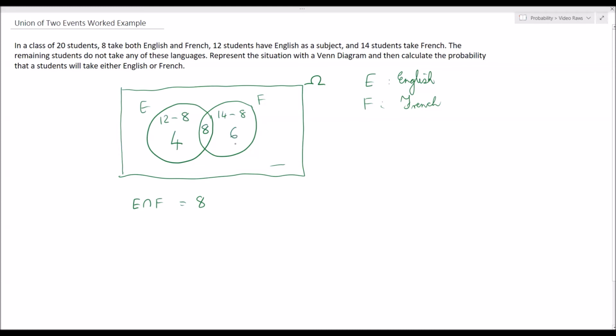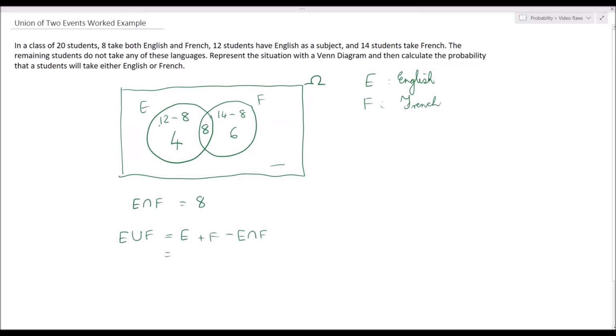So 4 plus 8 plus 6 is the union of E and F. So E union F is equal to E plus F minus E intersection with F. So E union F, this is all the students that take either English or French.